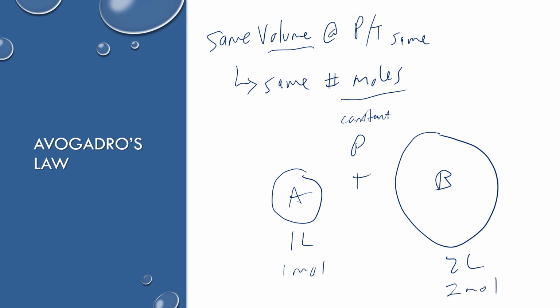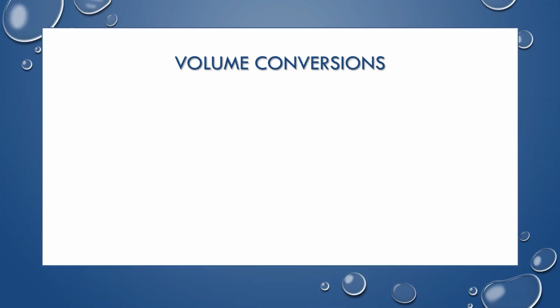It's not exactly a mole, but a 2-to-1 ratio of moles. I should probably write that clearly: 1-to-2 mole ratio. So Avogadro's law allows us to take some shortcuts when we're doing conversions with volume.